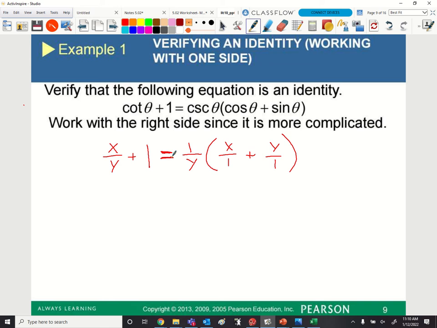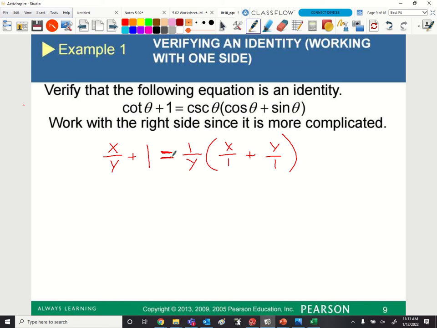On the left side, there's no operation to do. It doesn't say multiply, it doesn't say divide, it doesn't say combine like terms. On the right side, I could do distribution, right? That's what's going to make this one more complicated, but it's also going to make it easier because it gives you something to actually do first.